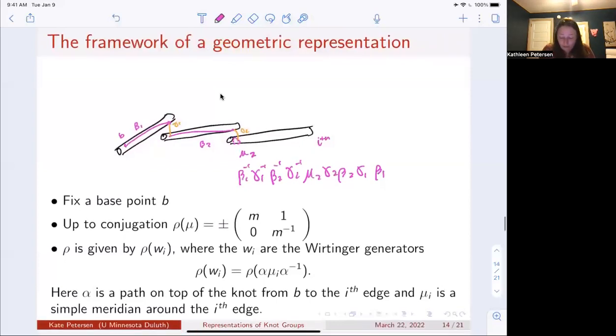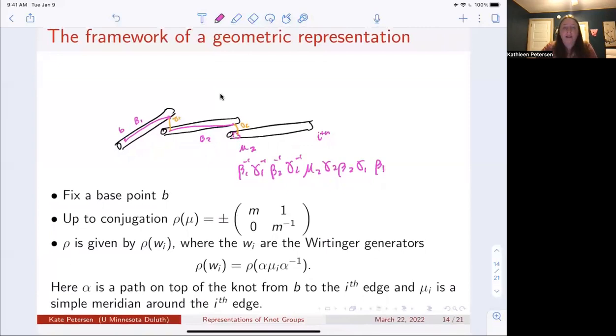Okay, and all of this whole path, which down here I've bunched these pieces together, you can see that it's a path along the top of the knot, a little meridian, and then the inverse of the path along the top of the knot.